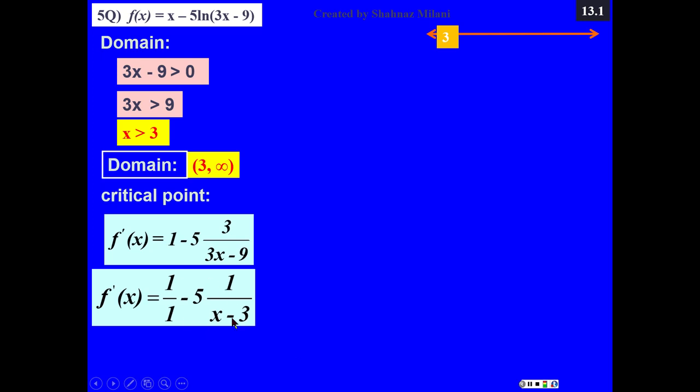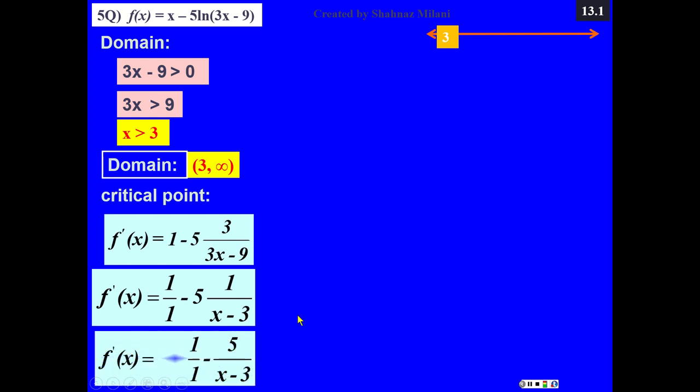If it is okay with you, you can find the LCD and work on it, or if you want, this 5, you can multiply it by 1. That means this 5 goes as a numerator. You can rewrite it like this, and then get the LCD.